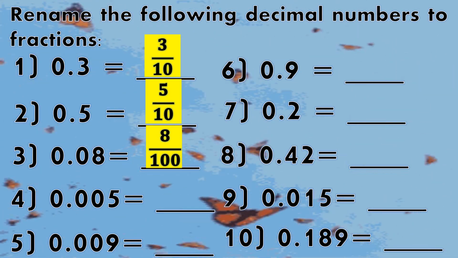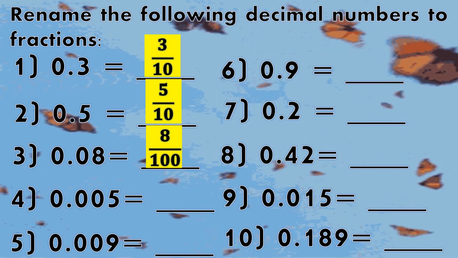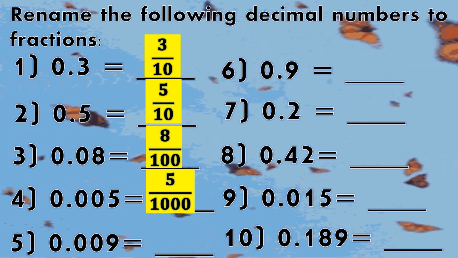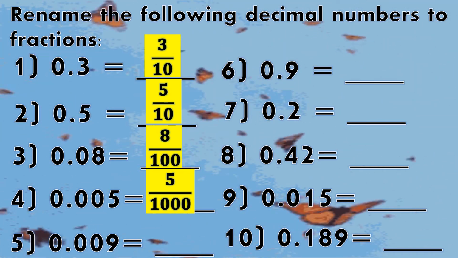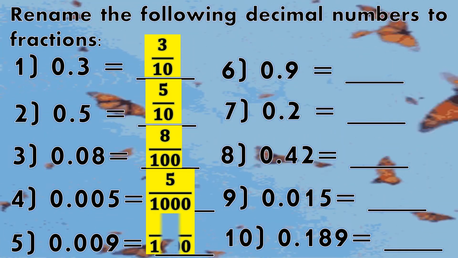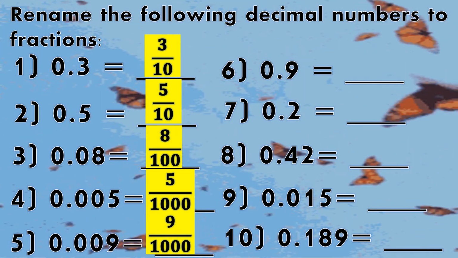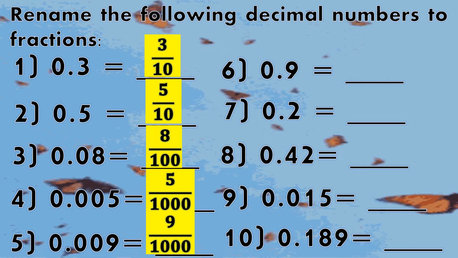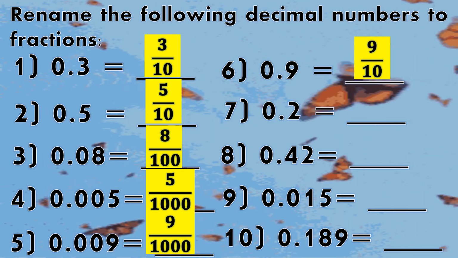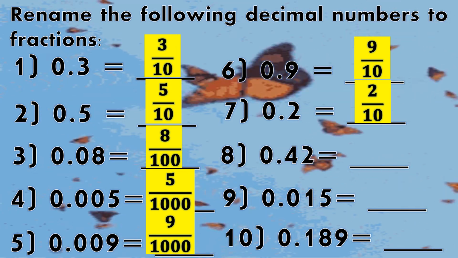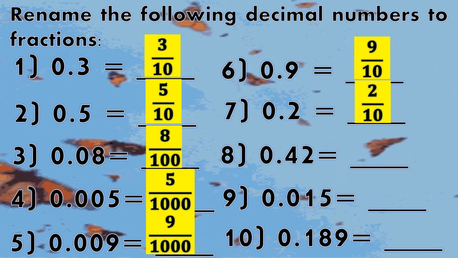Number 4 is 5 thousandths. So 5 over 1,000. Number 5 is 9 thousandths. So 9 over 1,000. Number 6 is the same as number 1. So 9 over 10. And then number 7 is 2 over 10.